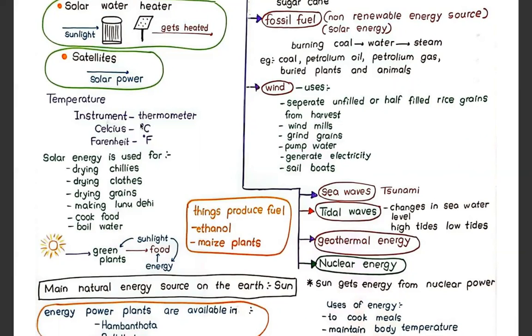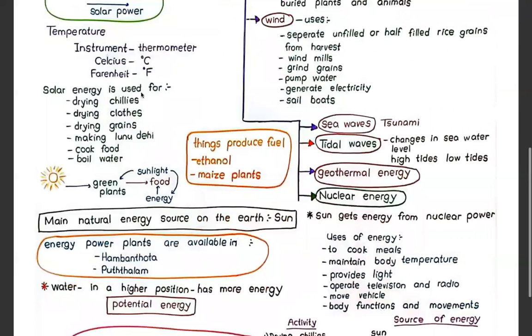Capital C and this degree sign, right? C and the dot like this. You should draw a small dot, right? You should keep a small dot like this. It shows degrees. So Celsius is denoted by capital C. Letter F is for Fahrenheit, right?